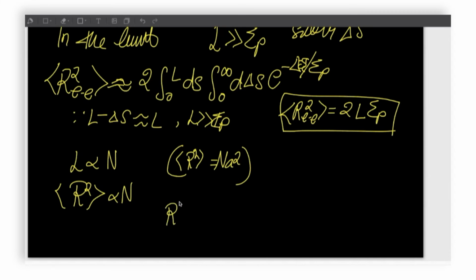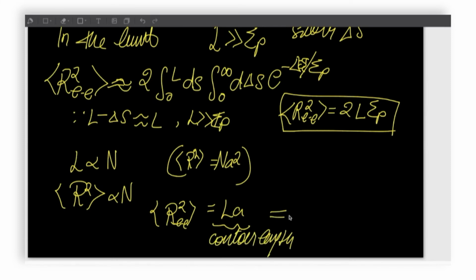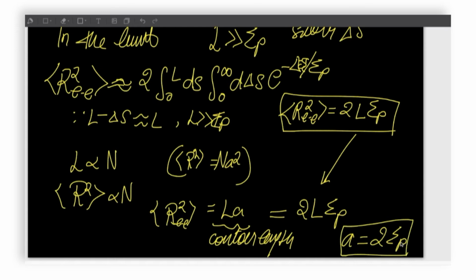Therefore, R squared average end to end is equal to L a, where L is the contour length, and this is equal to 2 L Cp from here. Therefore, a is equal to 2 Cp. So this answers our question, what is the relationship between Kuhn's length and persistence length?